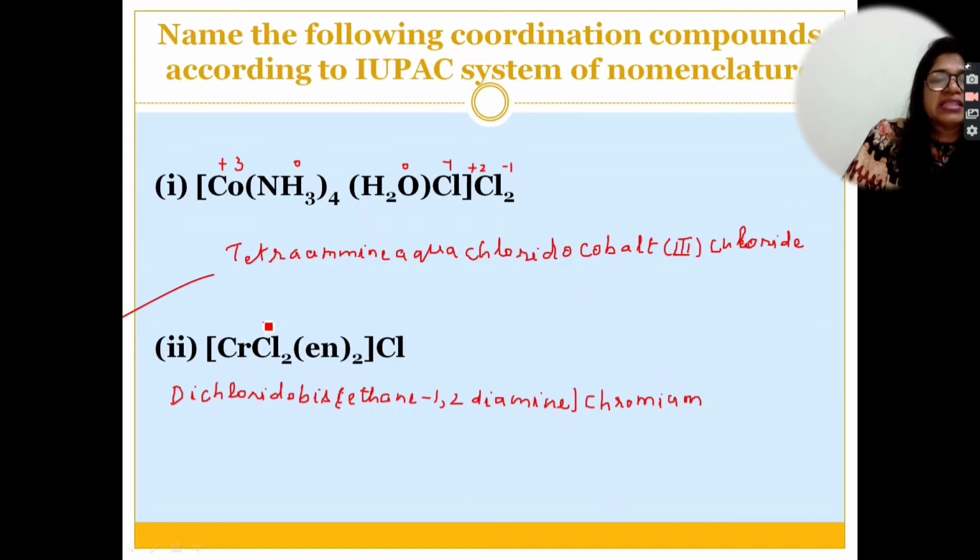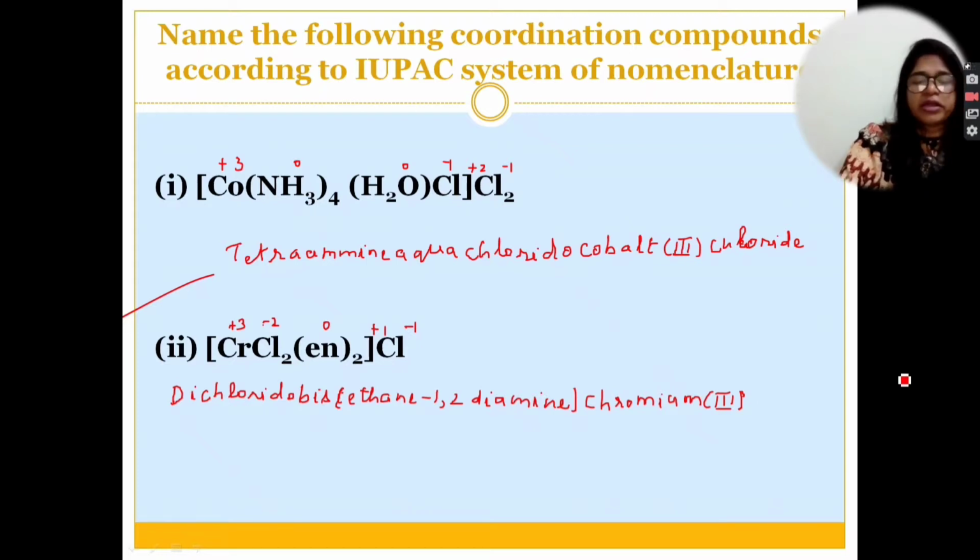Chloride Cl -1, 2 are there, so -2. Ethane diamine charge is 0. Now here chlorine, only one chlorine -1, outside the coordination entity +1. So chromium should be +3. +3 -2 only will give you +1 outside. So put the charge of chromium in parenthesis. Chromium(III).